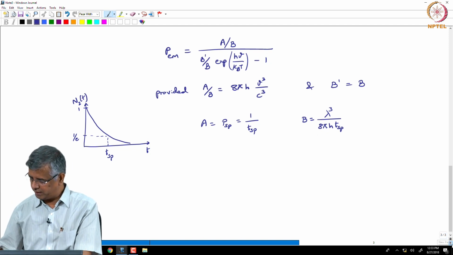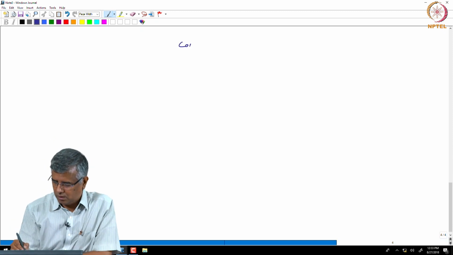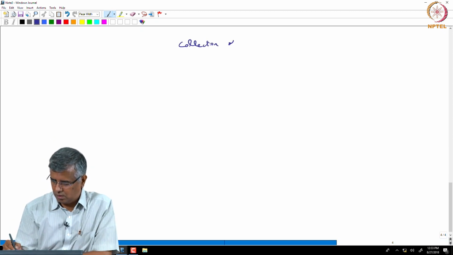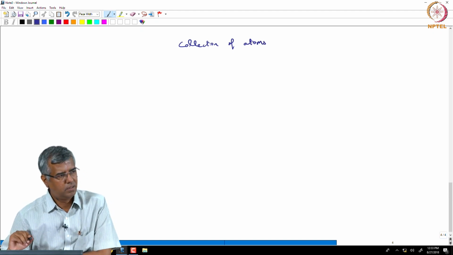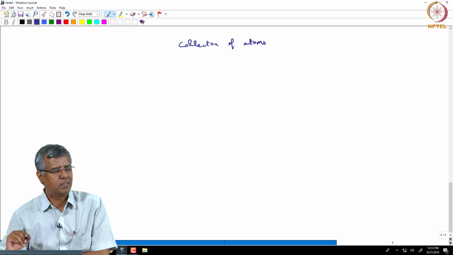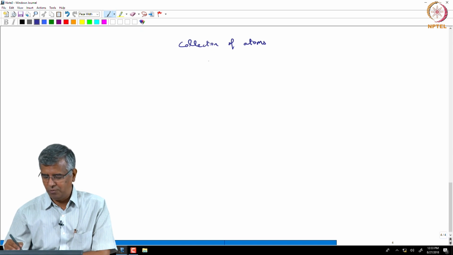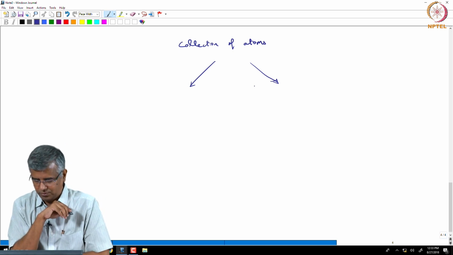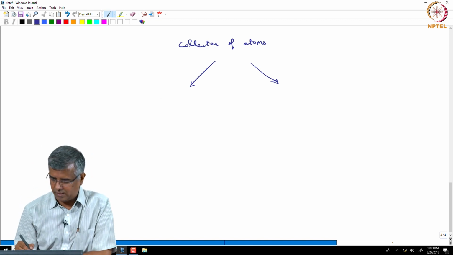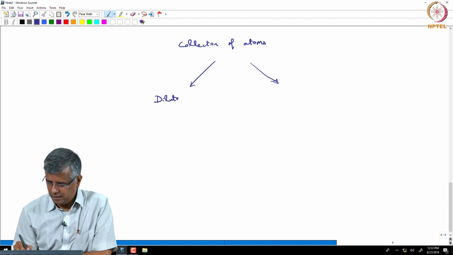So, when we deal with a collection of atoms, the probability that you will find an electron in a particular energy level is actually different for two different classes of systems. One is, you can consider this as a dilute gas of atoms.